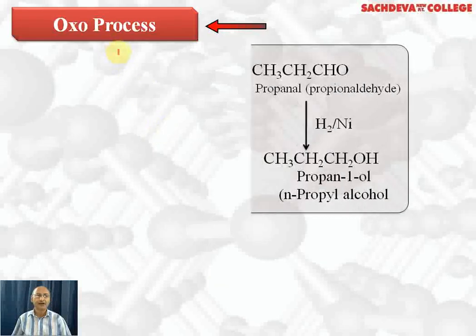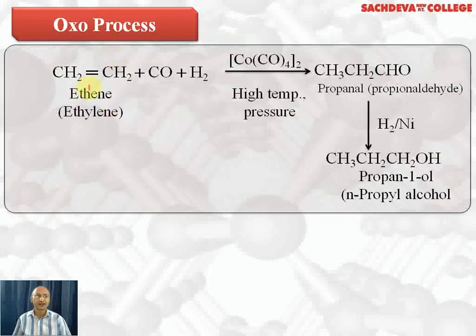Next we are taking the OXO process. In the OXO process, ethene or ethylene is treated with water gas, carbon monoxide plus hydrogen, in the presence of the catalyst dicobalt octacarbonyl at high temperature and pressure. The product formed is propanal. To understand this reaction, give one hydrogen here, it will become CH3. The double bond will change to single bond.